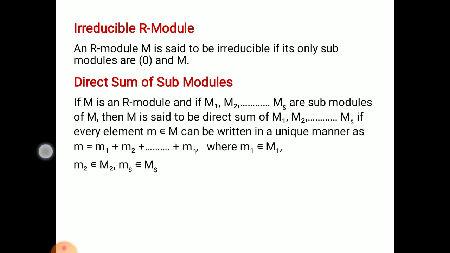Okay. Then next, direct sum of submodules. Already we have seen direct sum in vector spaces. We have seen two types of direct sum, internal direct sum and external direct sum. Now we shall define direct sum of submodules.